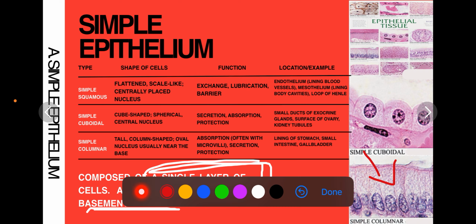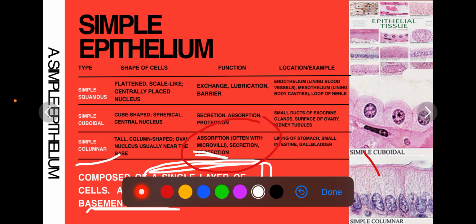So what is the function of the simple columnar? They work in absorption, and usually they have microvilli, because the villi form the brush borders, and you need a white area for absorption.